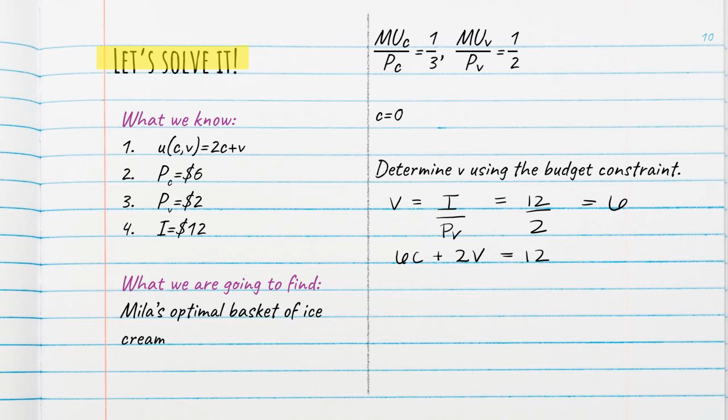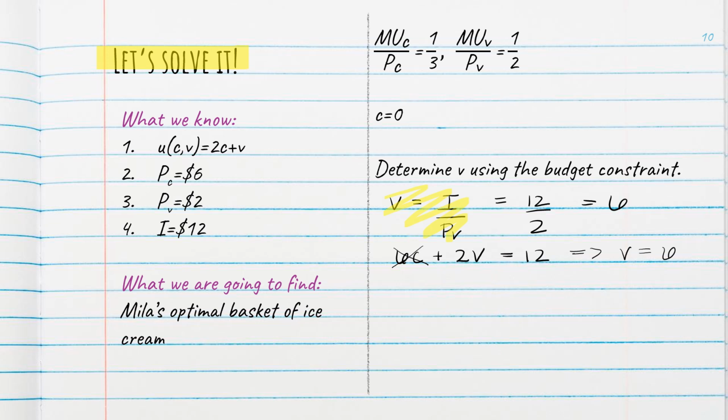Then you remind yourself that C is 0, canceling this term out, and working from this budget constraint, divide both sides by 2 and find that V is equal to 6. Really, this formula that I wrote up here, V equals I over PV, is just a shortened version of using the budget line directly.